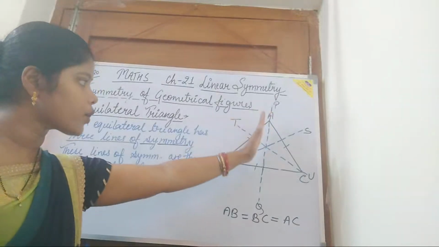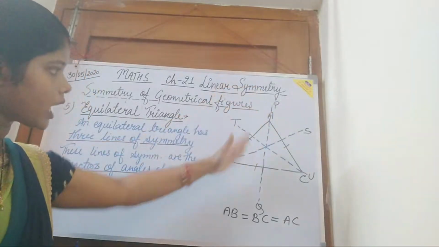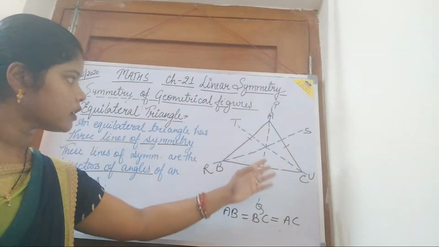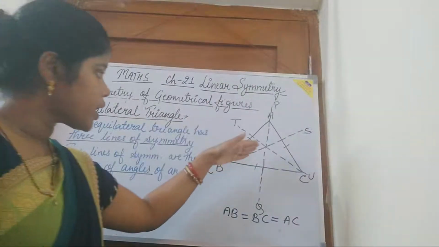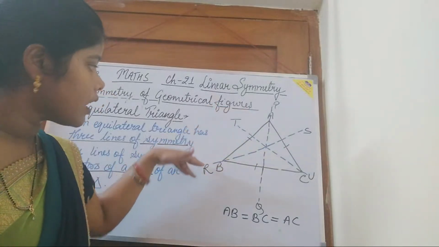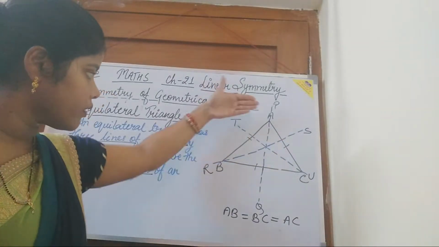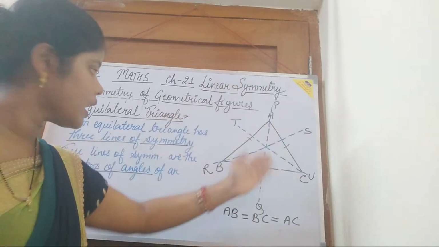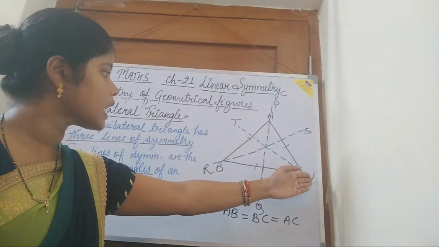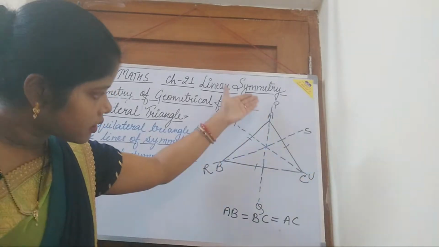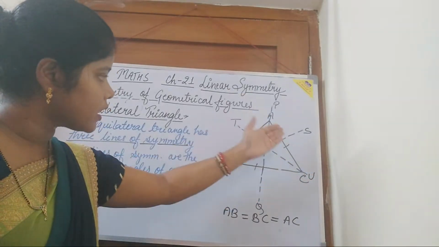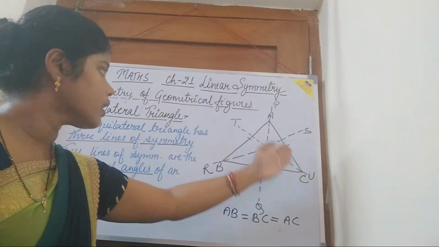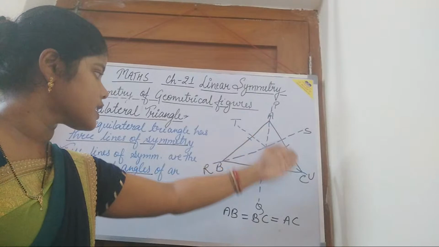Identical means if we fold along this PQ line, this AC coincides with AB, and when we fold along this RS line of symmetry, we have the identical part AB over BC, and when we fold this figure along the line of symmetry TU, then AC coincides with BC.